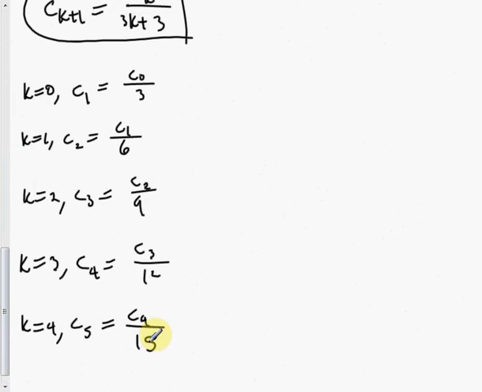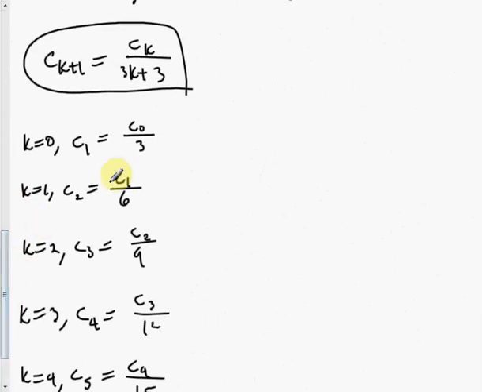Now let's see if we can look at the pattern. So they all depend upon the previous one. So c sub 2 is c naught over 6 times 3. You get 18, or you can just leave it as 6 times 3, it's fine.